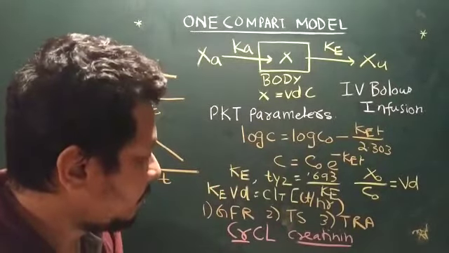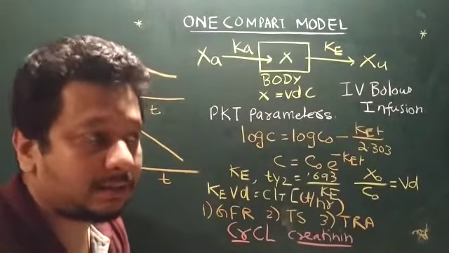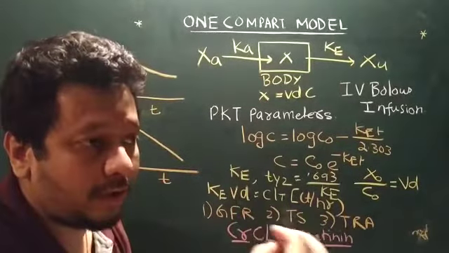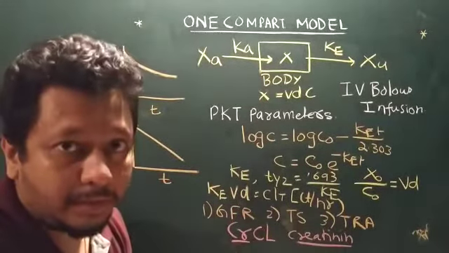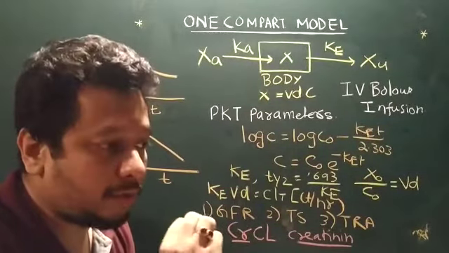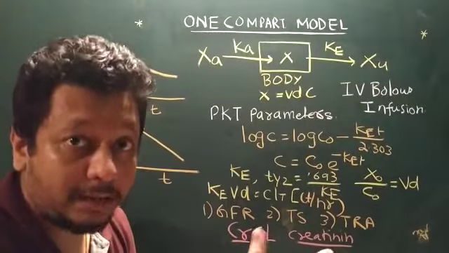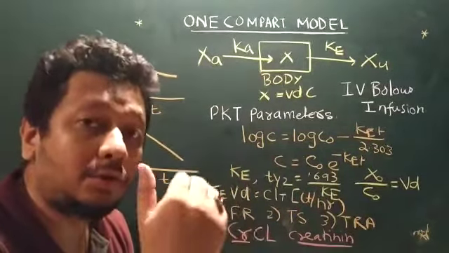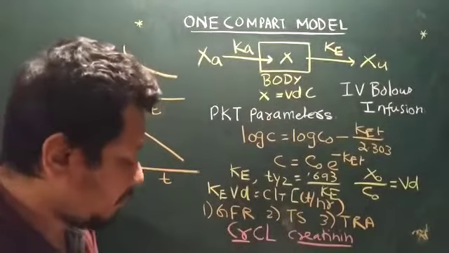Why? Because the clearance actually removes the drug from the blood plasma. Suppose a person is suffering from kidney disease, his clearance is affected. If we administer the same dose, then the plasma level of the drug can increase to a toxic level. We have to avoid that.